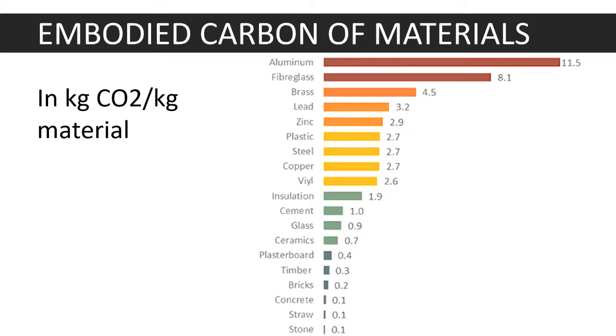But if you look at the amount of materials used in a building, then, for example, steel, which has a lower CO2 emission per kilogram, would overall contribute to the embodied CO2 much more. So it is important to know the quantity of material in order to be able to do an evaluation and a comparison in different construction.